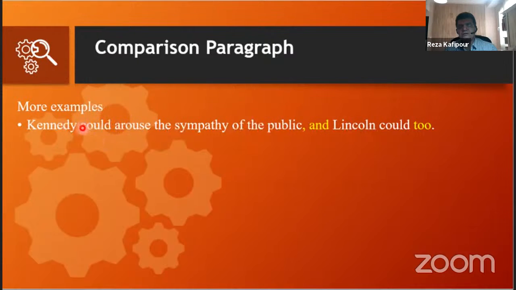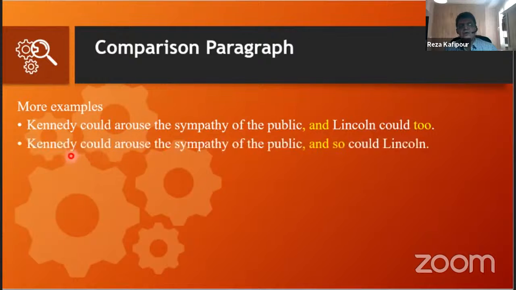Since the auxiliary verb is "could", it is reflected in the second part. Or the other structure by "and so": Kennedy could arouse the sympathy of the public, comma, and so could Lincoln. As we said, after "and so", we need the auxiliary verb first and then the second subject or person.